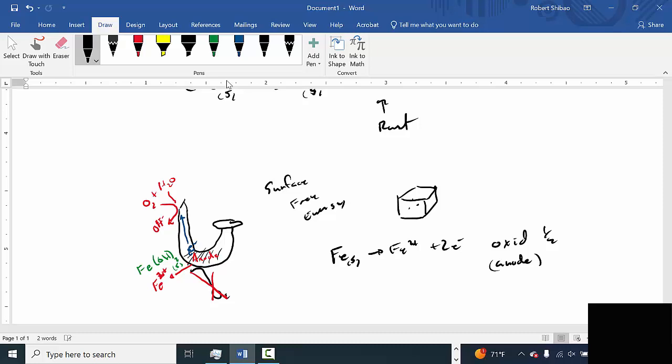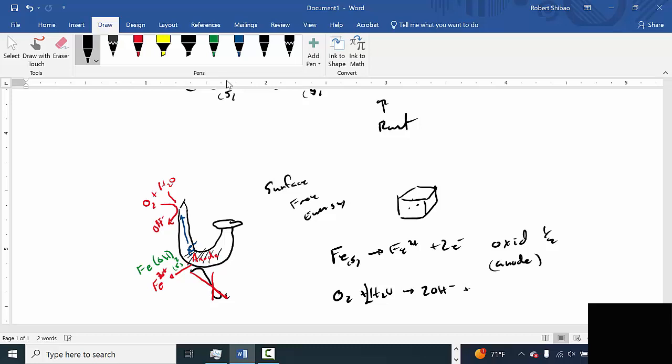And then over at the cathode, it depends. So for example, if we have oxygen and water, we're going to form hydroxides. 2 hydroxides, it looks like. I need to tweak this. I'm going to put 2 waters here. So oxygen plus 2 water is going to make 2 hydroxides, and then we'll be left with a water.